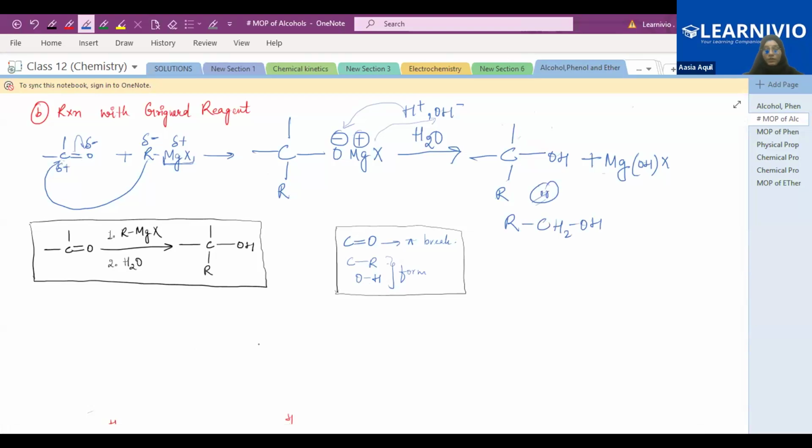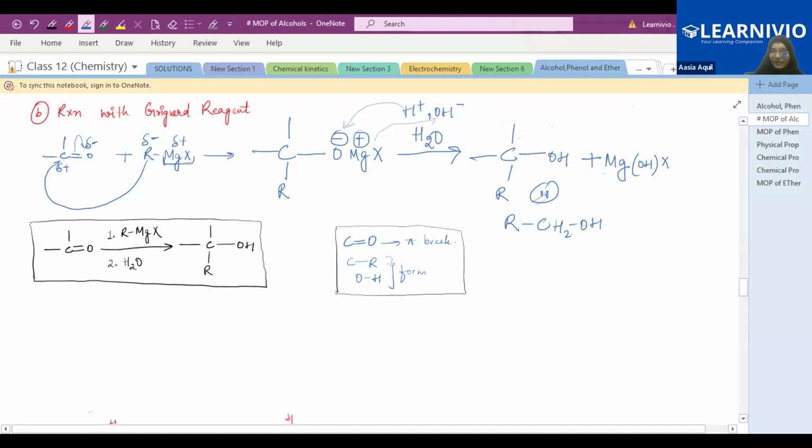Okay. So what you're supposed to do, just remember, this is a two-step mechanism. In the first step, what do you have to do? Just react it with the Grignard reagent. So this R part, because this is negative, will attach to this carbon, the positive carbon. And this oxygen is negative, so the positive part of this Grignard reagent, which is MgX, will attach over here, right?